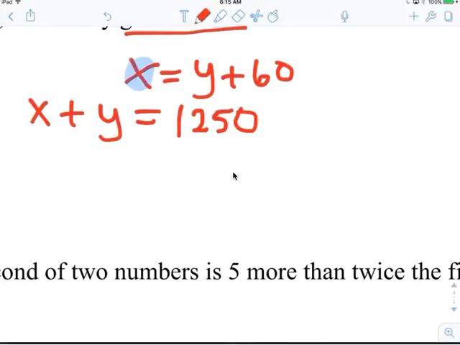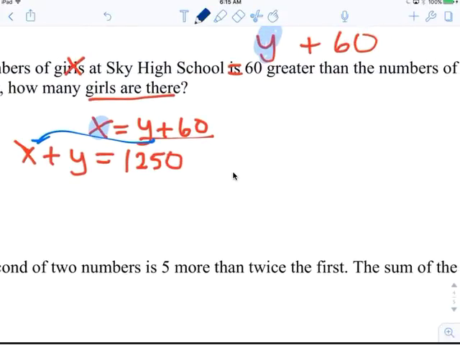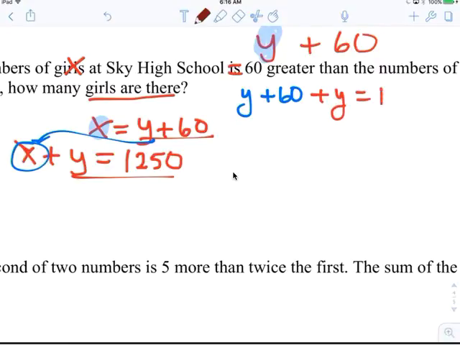So we substitute this into this X right here. Where X is, you put Y plus 60, and then you still have the rest. Plus Y equals 1250.